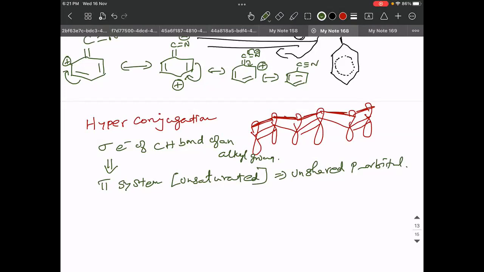It should have the alkyl group. If we say alkyl group, it should be sp3 hybridization. So that sigma electron, the CH bond electron, can be involved in the conjugation. It gives a thing that is known as hyperconjugation. It's a permanent effect.